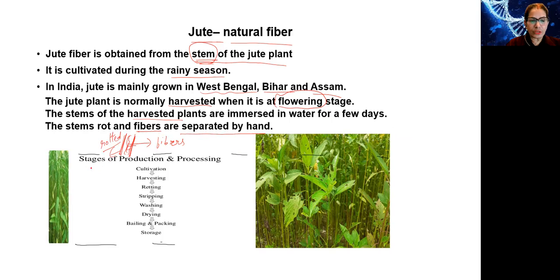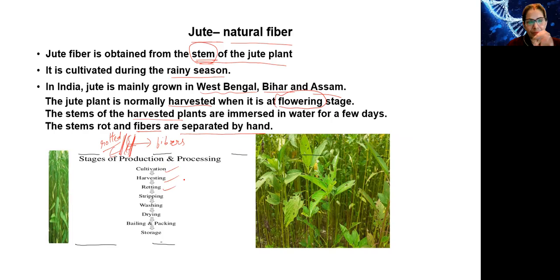So actually the stages in the production processing of jute would be, first, cultivation. Of course, it is cultivated in areas where there is a lot of rain, and then it is harvested. Harvested when? During the flowering, when it starts flowering. And then it undergoes a process called retting. Now this retting is because, number one, the bark has to be rotted.